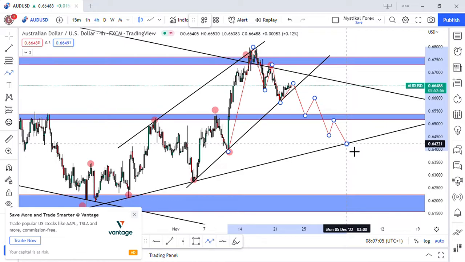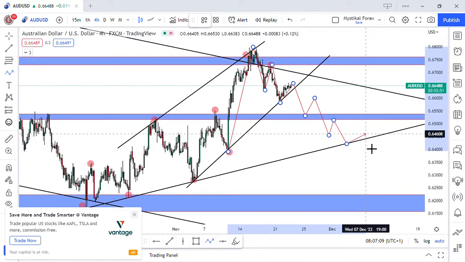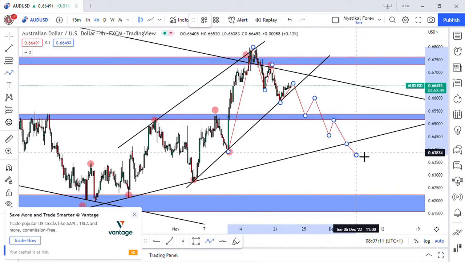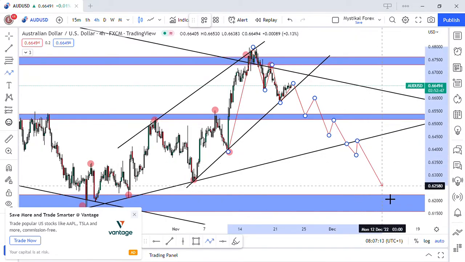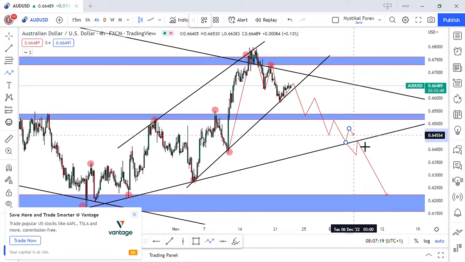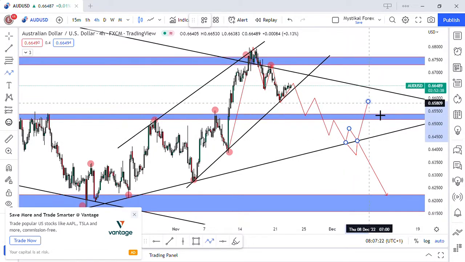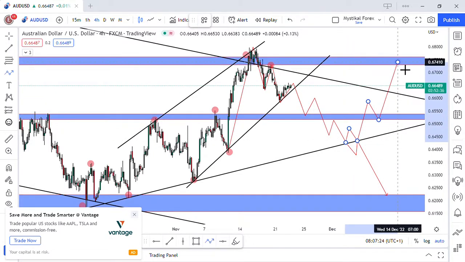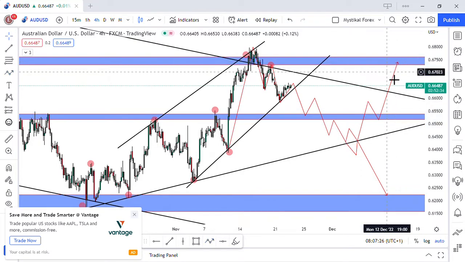Okay, you say that we are gonna have a big breakout to this level, or the market is gonna bounce here, bounce out of this zone and reach this level, as you can see.